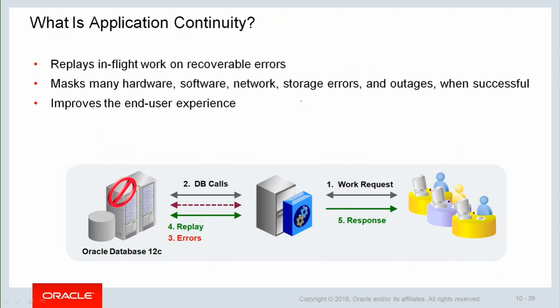Now, what is application continuity? Application continuity can fail over a session in case of a service availability problem, instance problem, or communication problem. It can also check the last transaction commit status by working with transaction guard behind the scenes. And if a transaction never completes, application continuity can even replay or fail over DML as well.